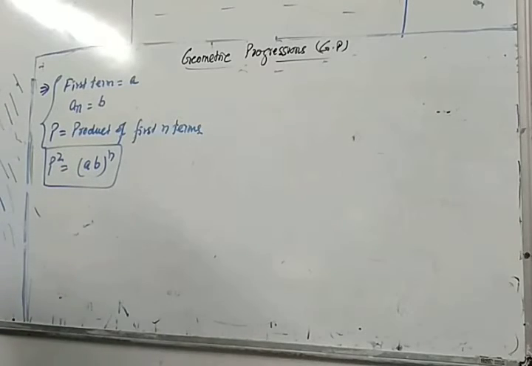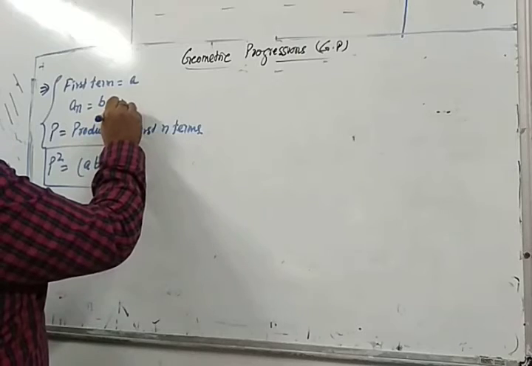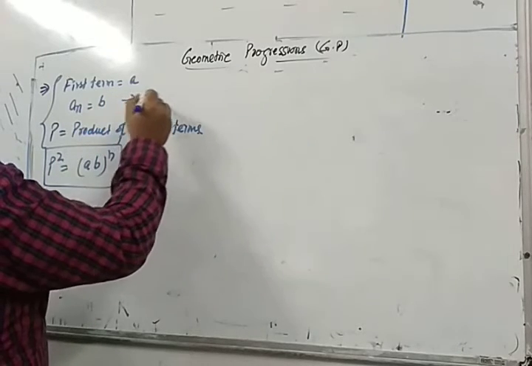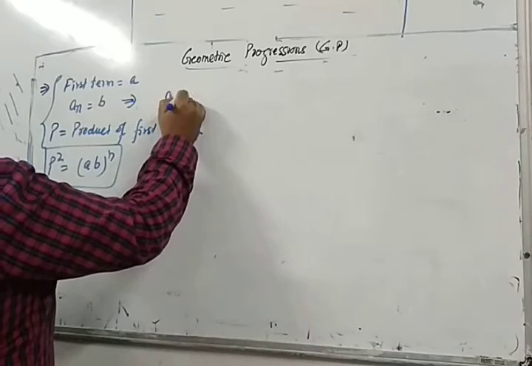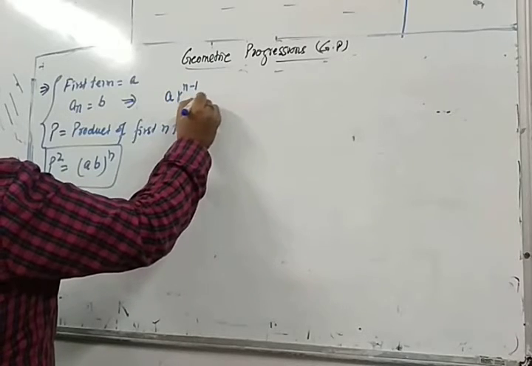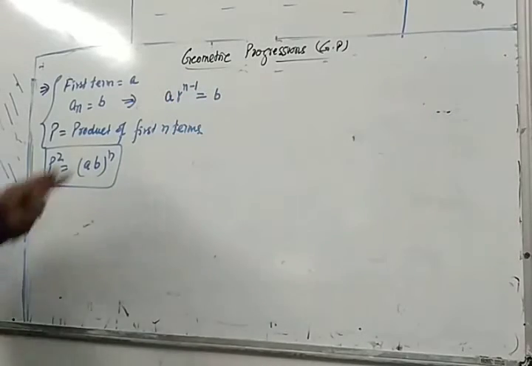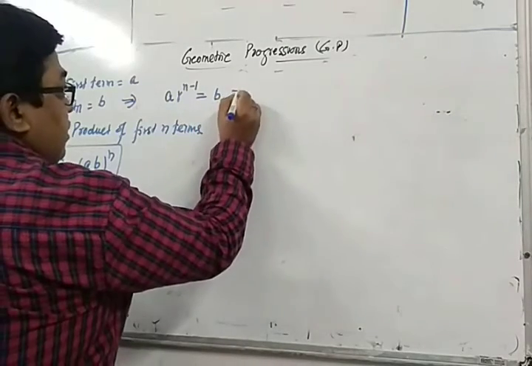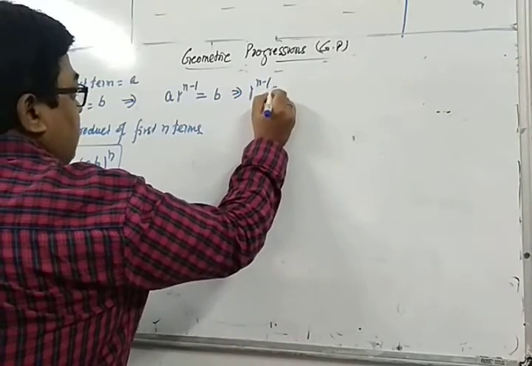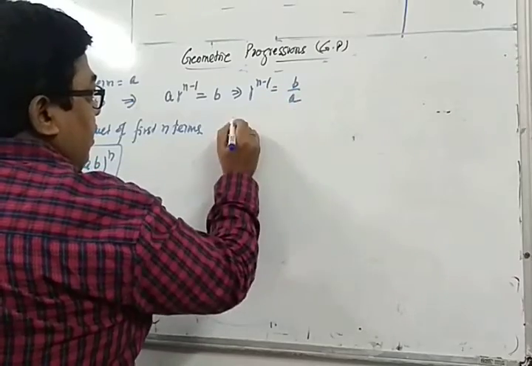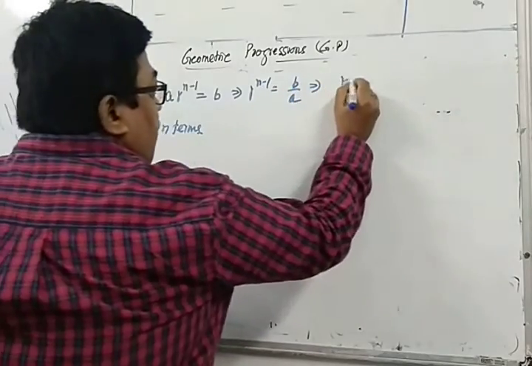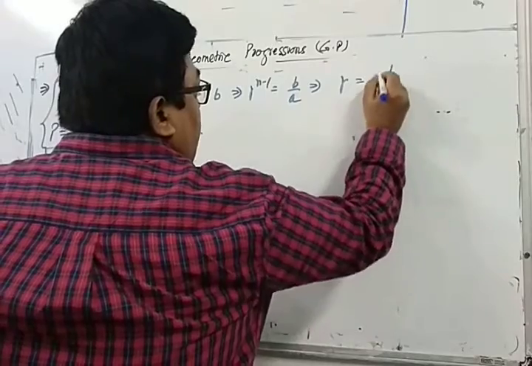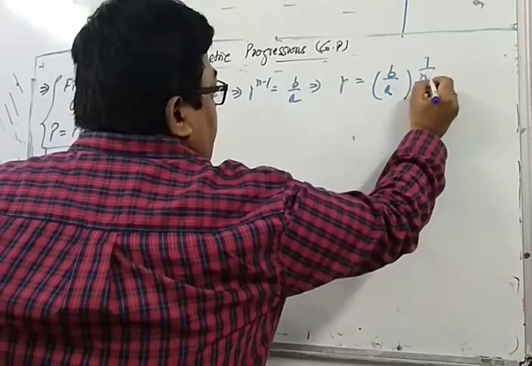First term is a, and the nth term is b, so the nth term is a r^(n-1), right? The formula of the nth term is a r^(n-1). It means r^(n-1) is equal to b upon a. So the value of r is (b/a) to the power 1/(n-1).